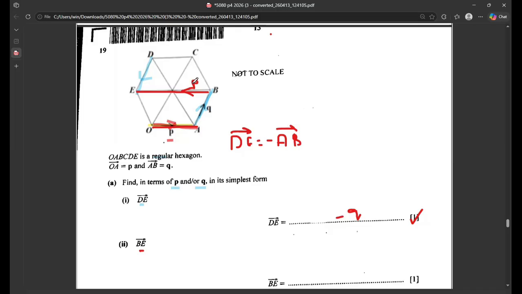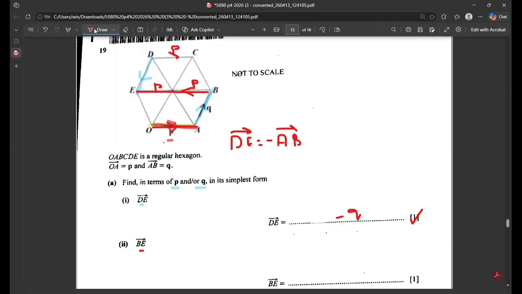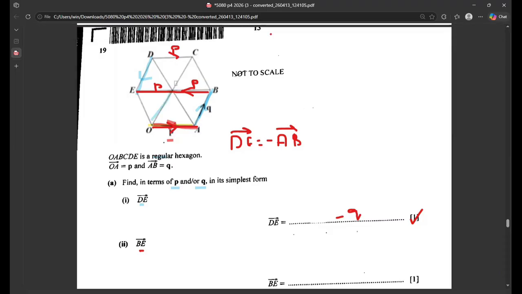You remember here is P, and here is also P, and this is P. All this in the same direction like the OA. And for this would be Q, and this is another Q, because this is parallel here.